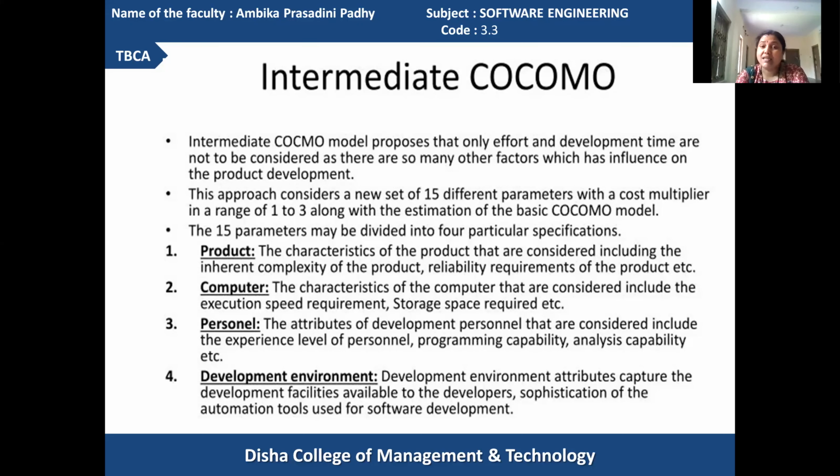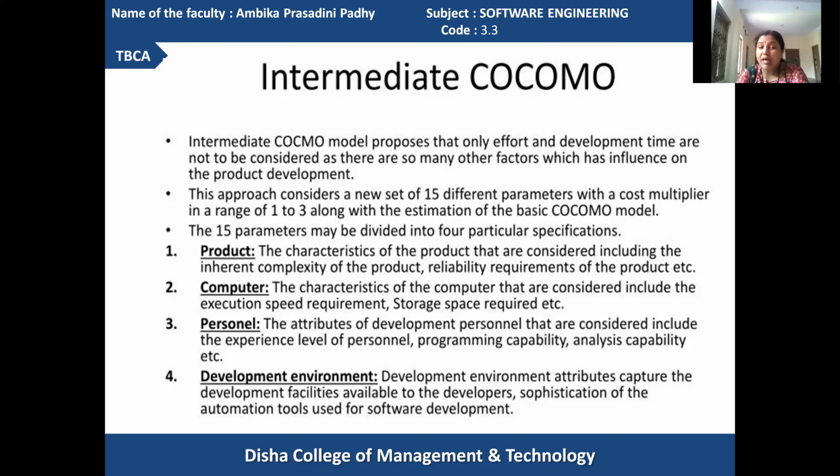Besides that, certain other product parameters are also there that multiply the cost, and the cost multipliers can range from a value of 1 to 3. Got it? And basing upon the basic COCOMO information, the value is calculated on those 15 parameters. The 15 parameters may be categorized into 4 specifications. What are those specifications? Let us have a view on that.